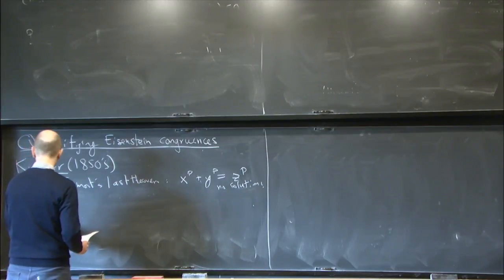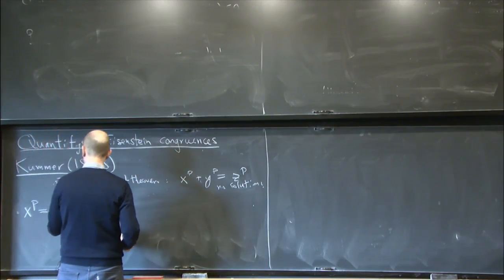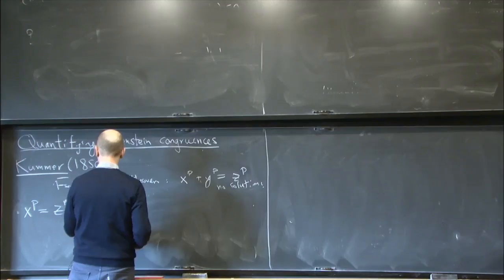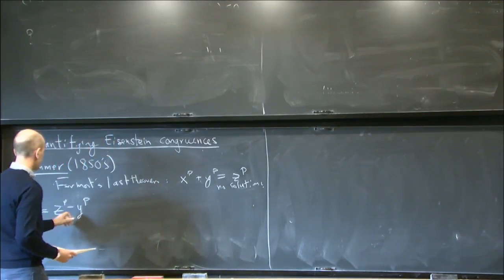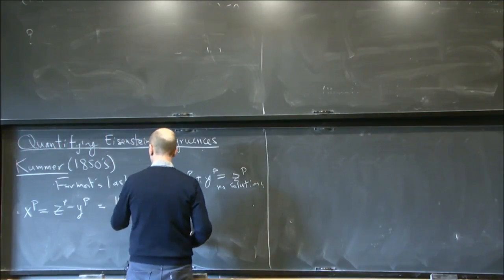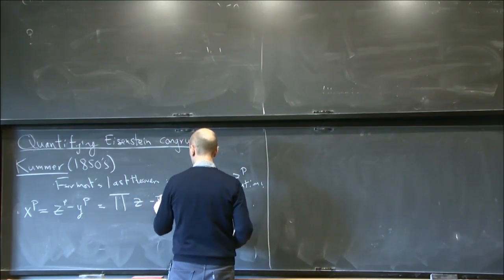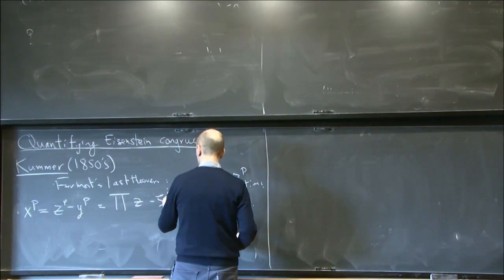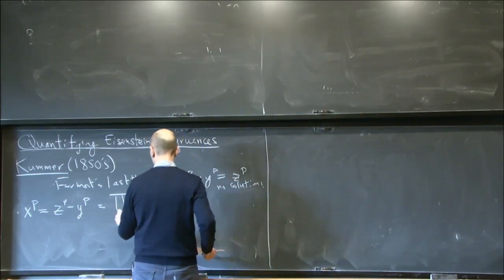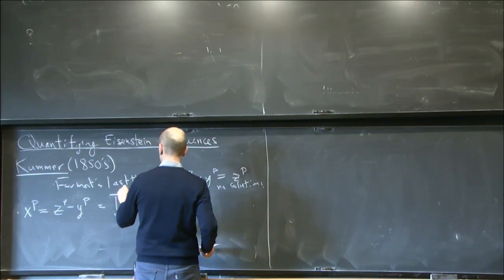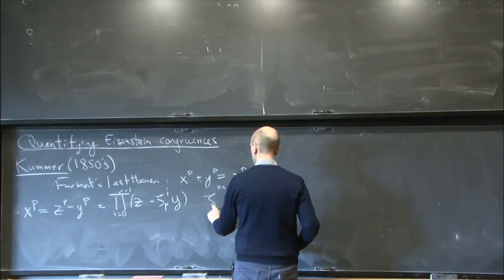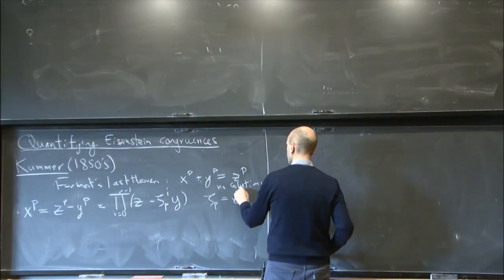So x to the p equals z to the p minus y to the p, and then you can factor this as the product of z minus zeta_p to the i times y, where i equals 0 to p minus 1, where zeta_p is a p-th root of unity.